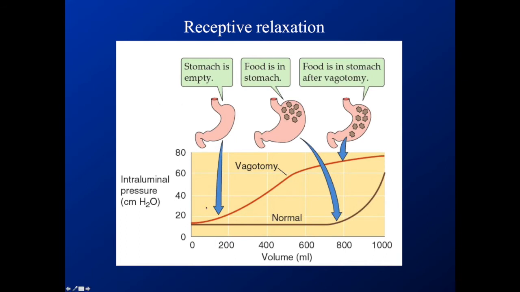Under normal conditions, as you increase the volume of the stomach, the intraluminal pressure doesn't change, because the vagus nerve is putting nitric oxide and VIP into the stomach and relaxing it, and so the pressure maintains. But if you cut the vagus nerve and start increasing the volume in the stomach, the pressure increases because you don't have this relaxing reflex from the vagus.